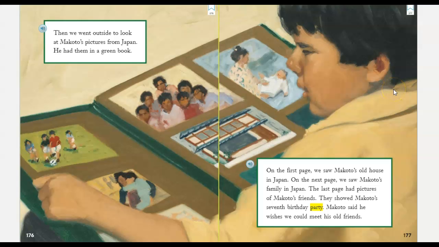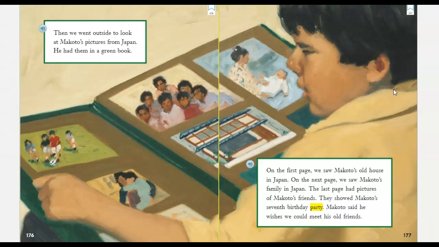Then we went outside to look at Makoto's pictures from Japan. He had them in a green book. On the first page, we saw Makoto's old house in Japan.